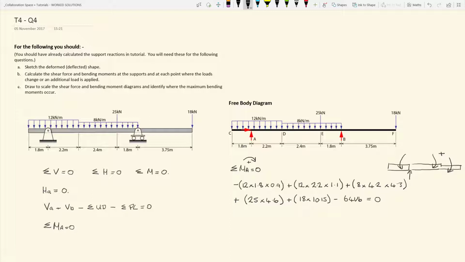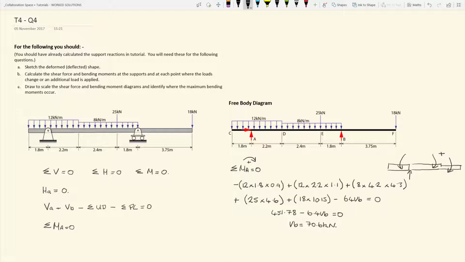So we set that equation to 0, and from there you can simplify it, and we get 451.78 minus 6.4 VB equals 0. And then if we solve that for VB equals 70.6 kilonewtons. So that gives our vertical reaction at B.